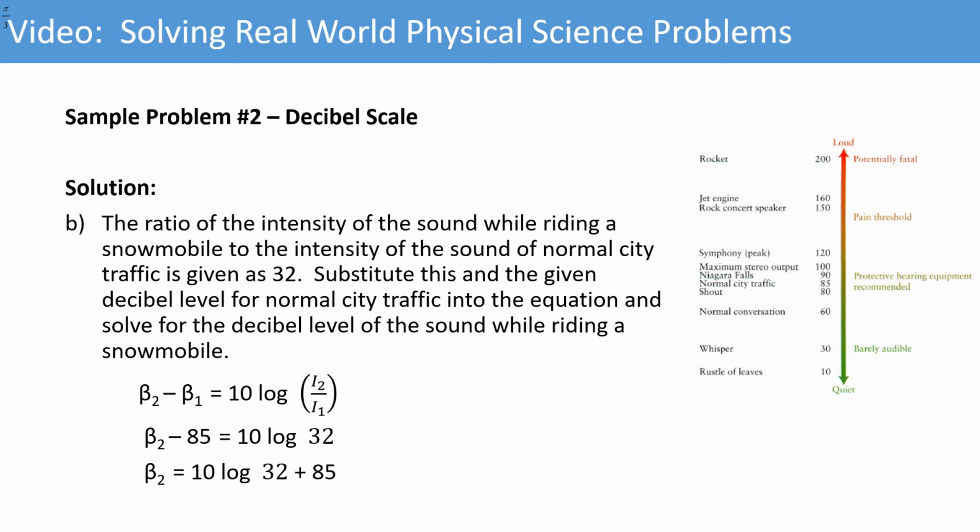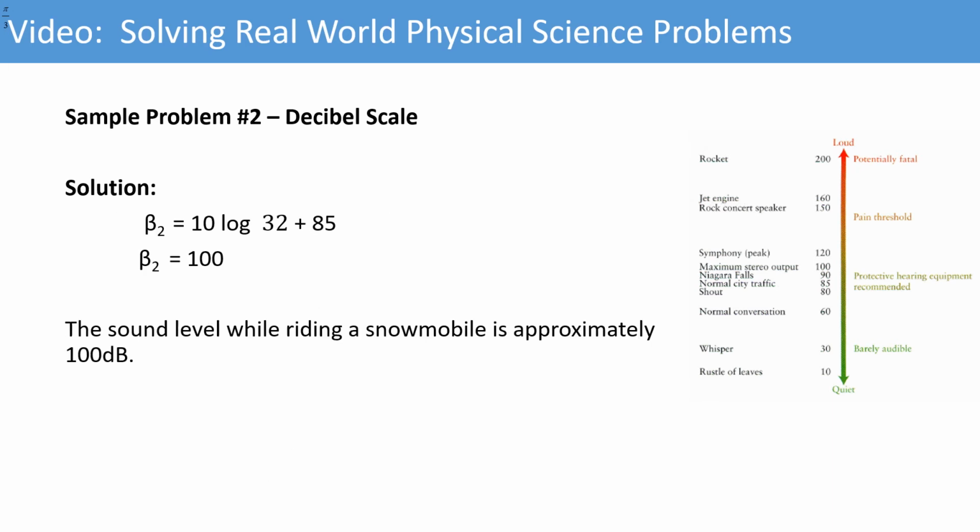So beta 2 minus 85 is equal to 10 log 32. Beta 2 then would be 10 log 32 plus 85, which is 100. So the sound level while riding a snowmobile is approximately 100 decibels.